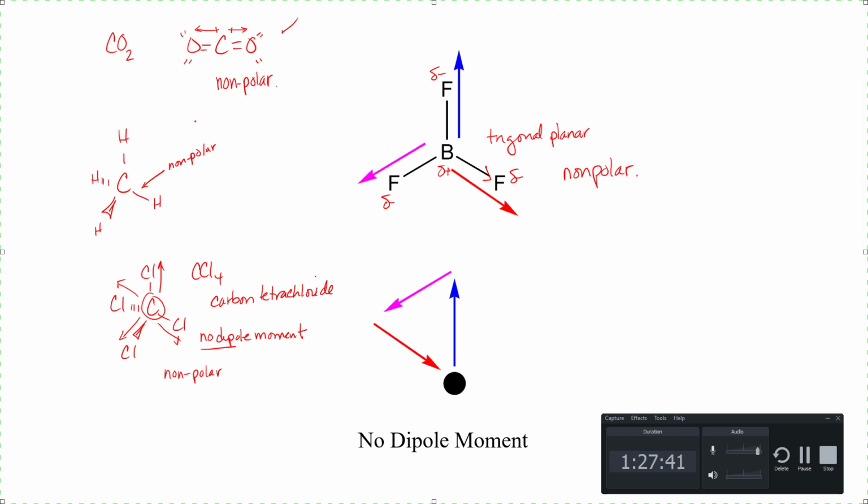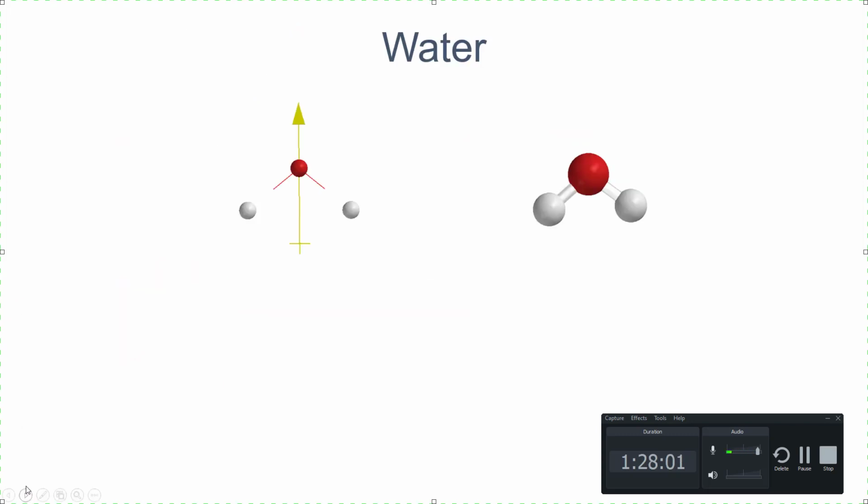So basically, when you're looking at a geometry, if that geometry is symmetrical and has the same atoms attached in each of the positions, it will be nonpolar as they cancel each other out. If it's not symmetrical in general, it will be polar. So we'll take a look at a couple more.